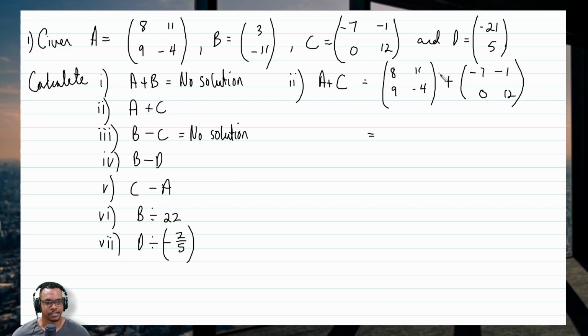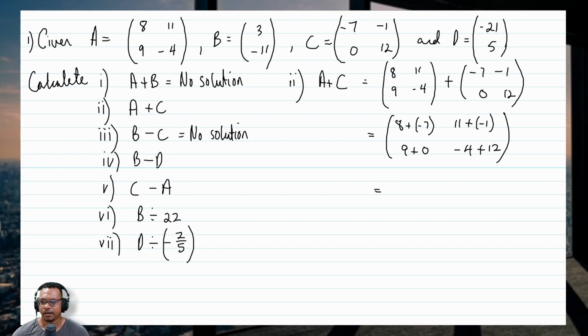So 8 plus -7, you want to write that out, no problem. Then we have 11 plus -1. Then 9 plus 0. And -4 plus 12.